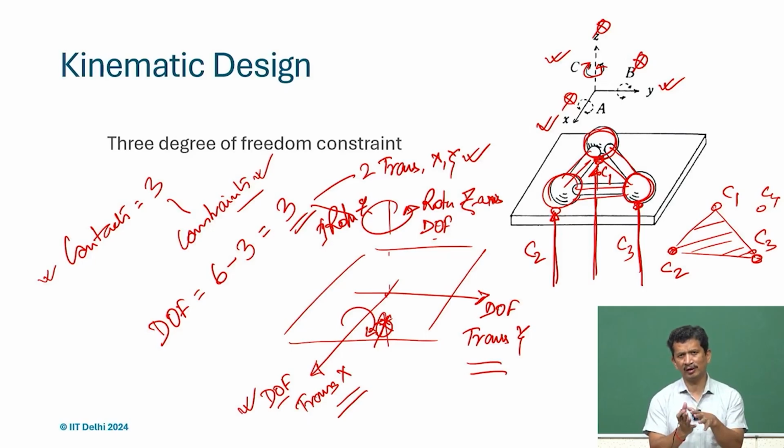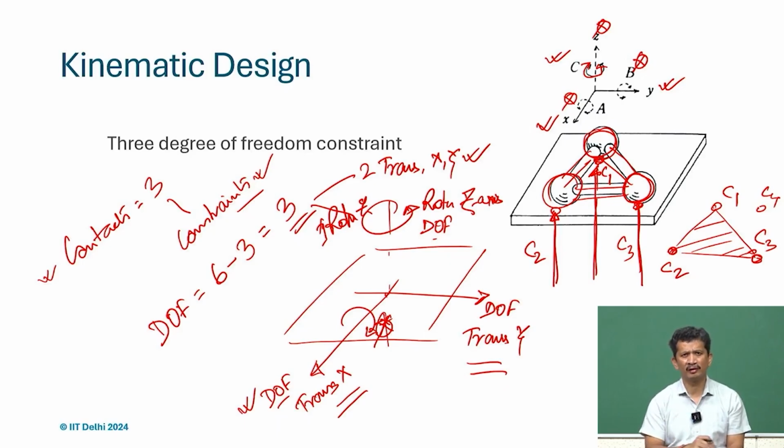So, if we are able to understand the contacts and constraints and how they provide us the suitable constraint, then we realize putting one extra constraint is always a costly affair.